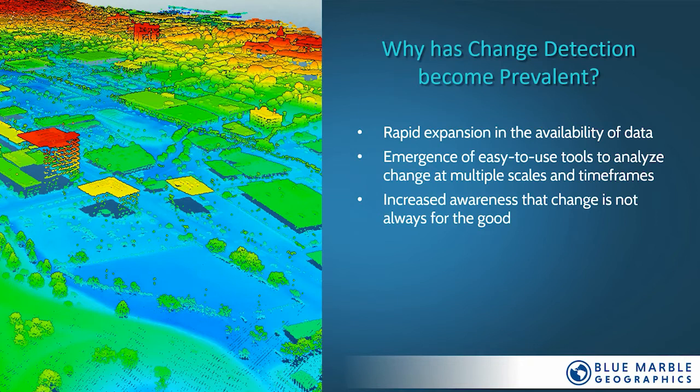Is there a significant shifting in maybe a dam, an earthwork dam, or some structural shifting in some of the transportation infrastructure? Things like that can now be detected at the point level. So there is an increased awareness that this type of change is something we should be monitoring. And again, based on the fact that our data is available and we have technology, this is becoming much more prevalent.